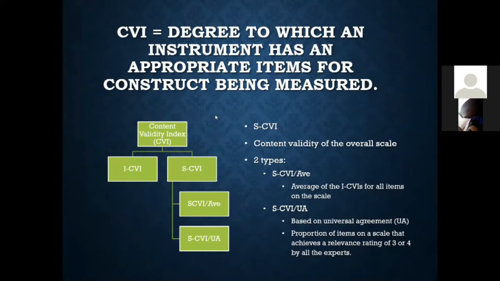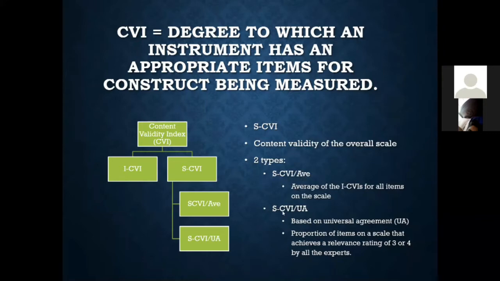Okay, so we have two types of CVI: item CVI and scale CVI. Scale CVI is the average of item CVI, or so-called, we call this type of CVI as S-CVI average, S-CVI/Ave. Okay.